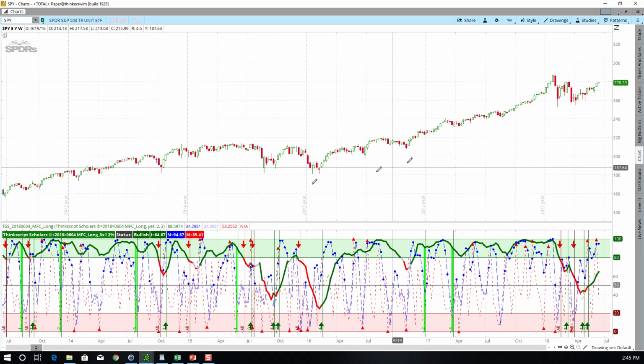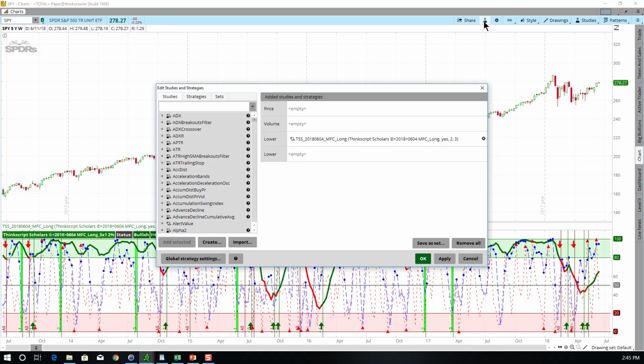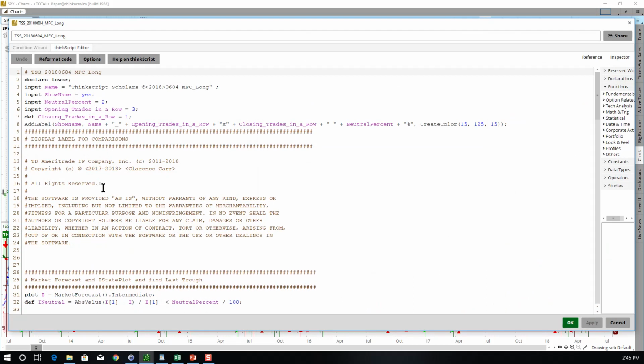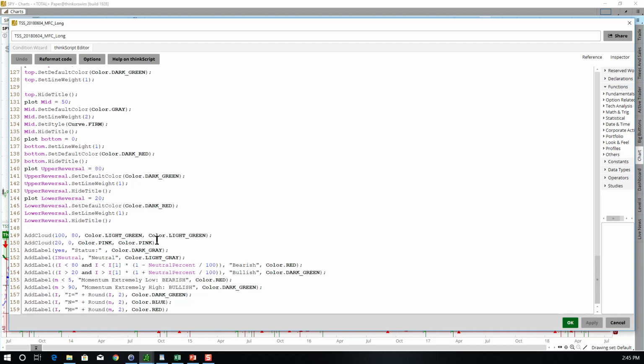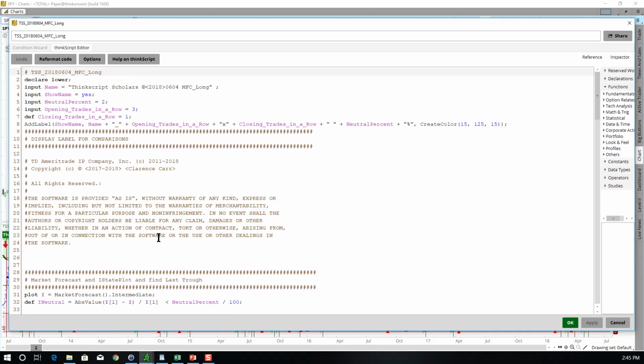Now, we can take this study and look at it here. I want to show you how you can bring this study in and turn it into a strategy. The difference between the study and the strategy is that once you've brought a strategy into your chart, you can use a floating profit and loss on it, and it will calculate what your profit and loss would be at any time.